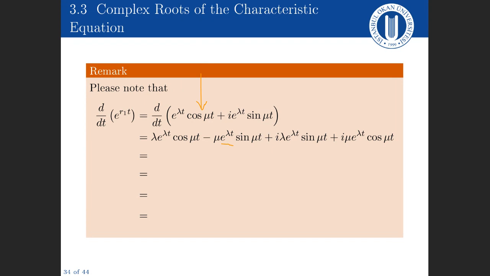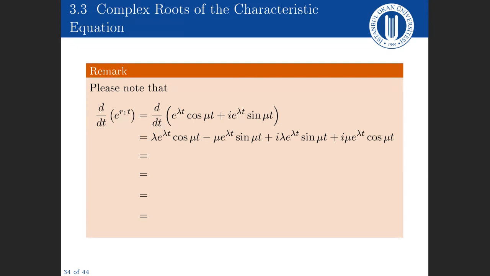Derivative of cos is minus sine, and then of course we get a factor of mu at the start. And then we do the same thing for the second term. Differentiate e to the lambda t to get lambda e to the lambda t, and then differentiate sine to get cos and the factor of mu at the front.